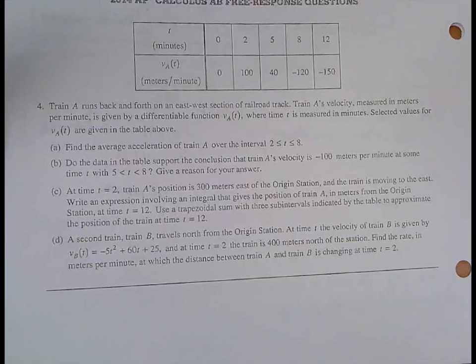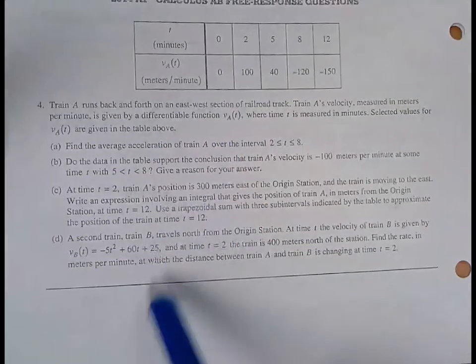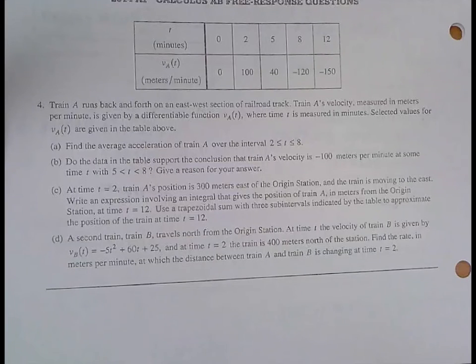The rest don't necessarily come from this chapter, but where we are now, you should be able to answer all 4 parts. So this is a free response question. I would at least make sure you work through this. This is some AP practice built in.